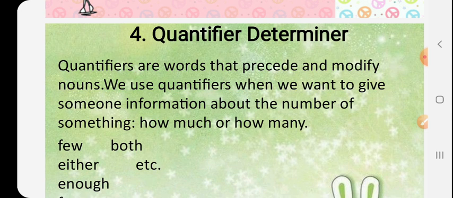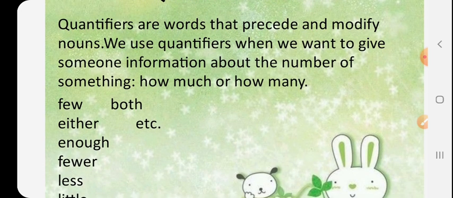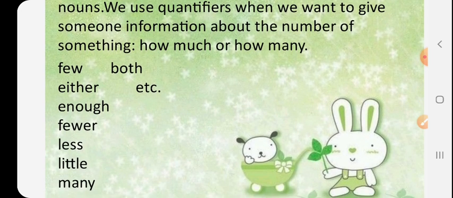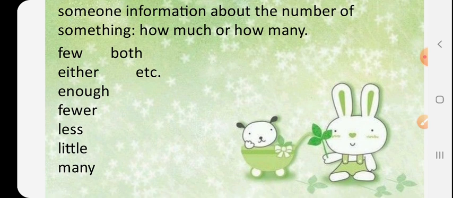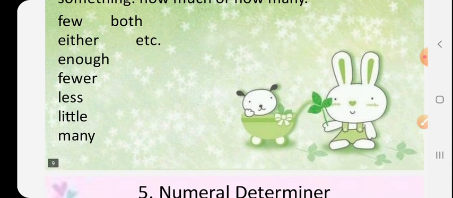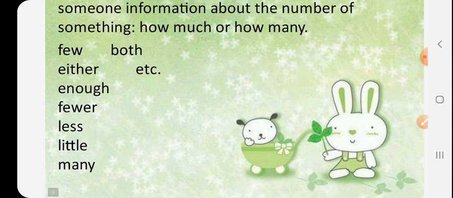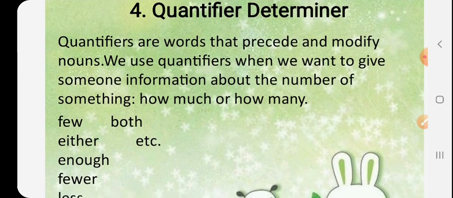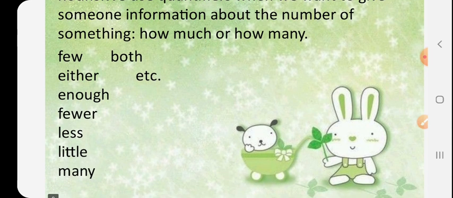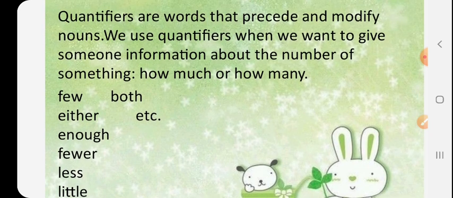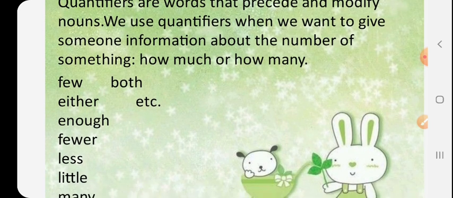Examples: few, either, enough, fewer, less, little, many, etc. Their job is just to tell us the quantity, like few apples are there on the tree, or I have enough money in my bank account. So we are getting to know the quantity.